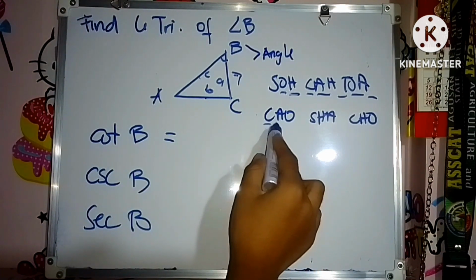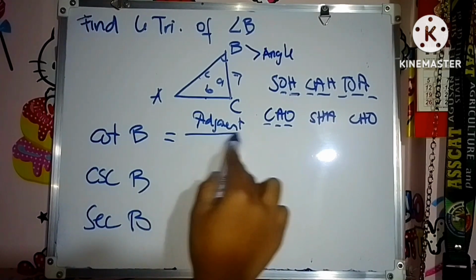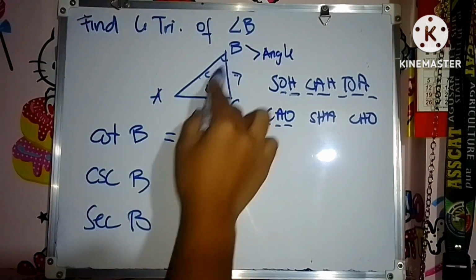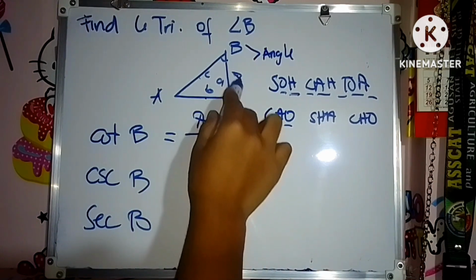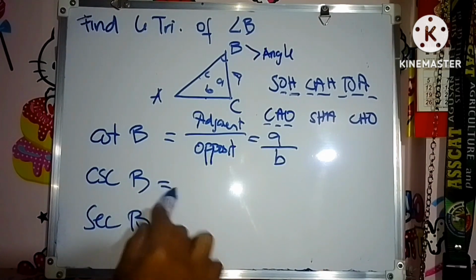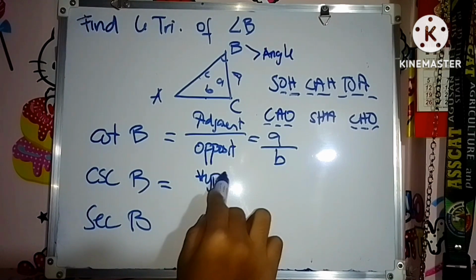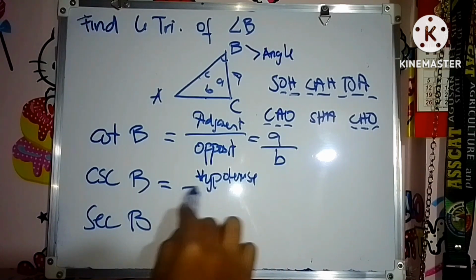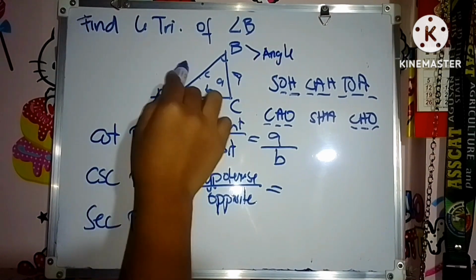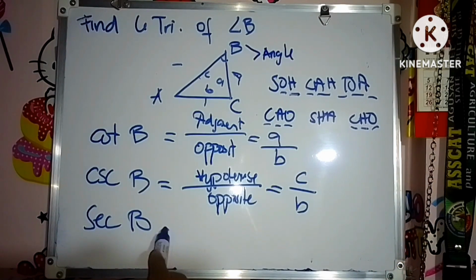Cotangent is equal to adjacent over opposite, so the adjacent of angle B is A, and the opposite of B is B. Next, cosecant is equal to hypotenuse over opposite. The hypotenuse is C, and the opposite is B.